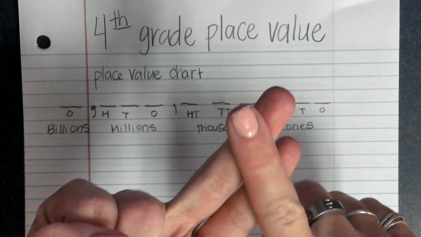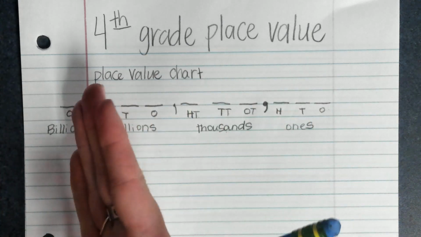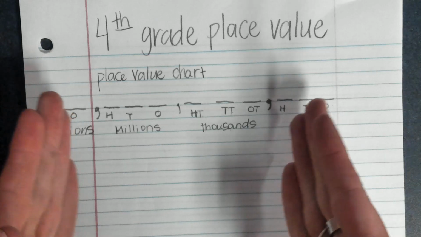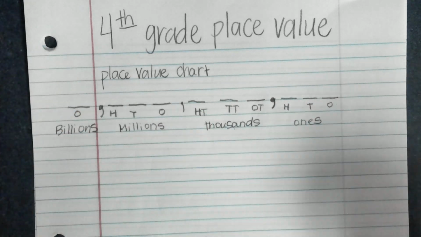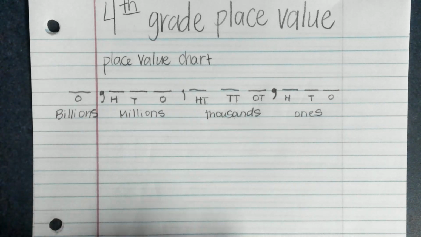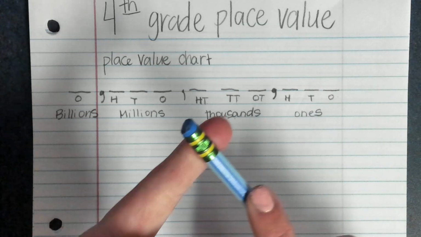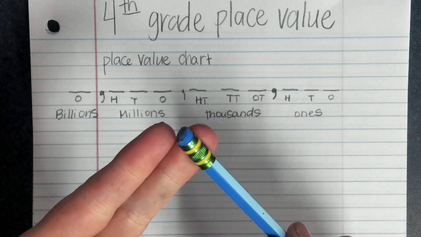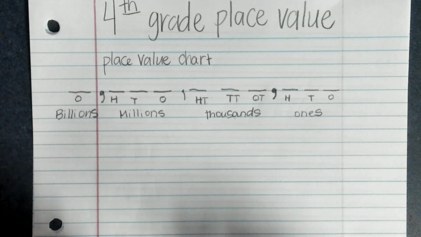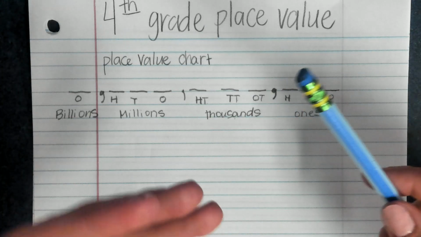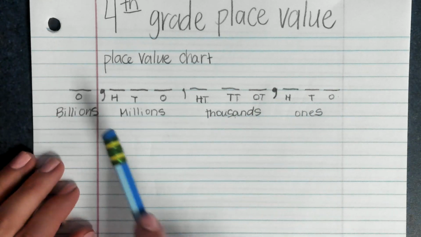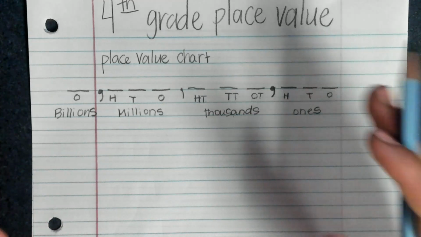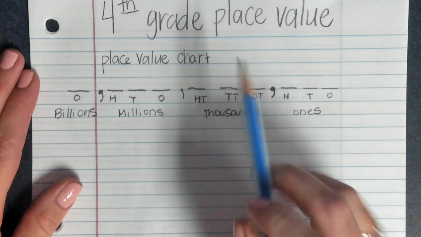They are expected to round numbers technically to the 100,000s place, but they might be given a bigger number and have to round that place value. And they might have to answer questions like, what is the digit in the 10 millions place? Or what is the value of 6 in this number? Or a variety of questions that will go up to the billions place. So this place value chart is just super helpful for everything that they need when it comes to place value.